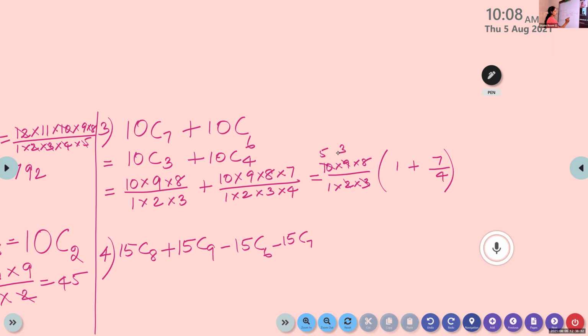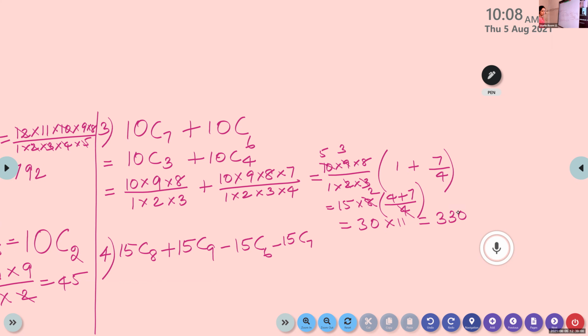If you cancel 3, it is 15 into 8 into (1 plus 7 by 4). Again, if you cancel, this is 2. So 30 into 11. Is it correct? What is the final answer? 330. Instead of doing this, you can take the common thing out and do the calculation easily.